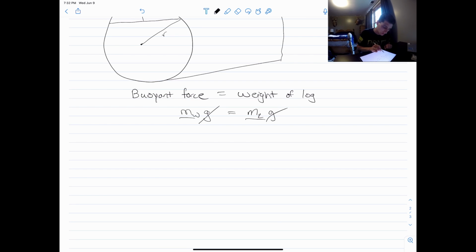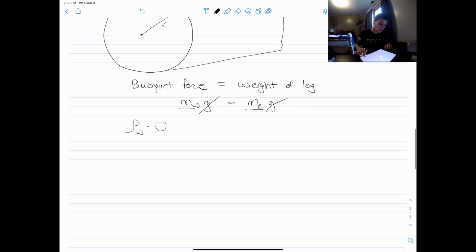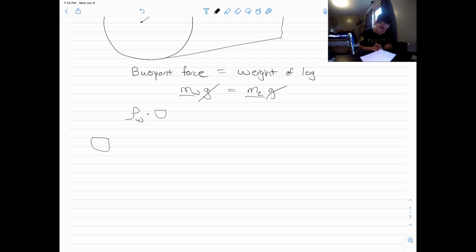Well, mass is also equal, and this is how we're actually going to get to our densities. So mass is equal to, for the water, the density of the water, which we are going to signify by the letter rho, multiplied by the cross-sectional area of what's under the water. I did that by the shape of the log, so I'm going to make a little note here.